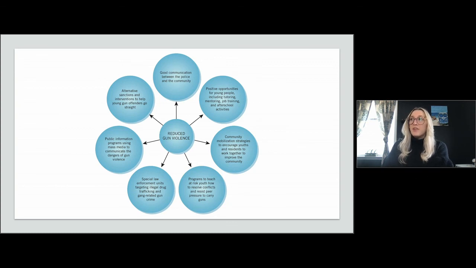So then we also have here community mobilization strategies that are going to encourage youth and the residents to work together. You have to have cohesion among your residents and the community to want to do better for the community. Then you have programs that are going to teach at-risk youth how to handle conflicts and conflict resolution, how to handle those conflicts in a productive manner, and to resist the peer pressure to carry guns as a reaction to conflict.